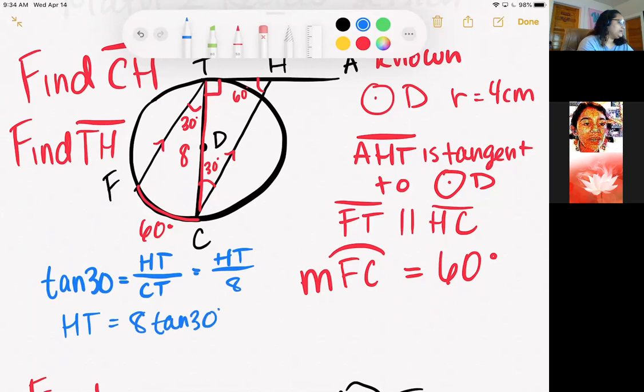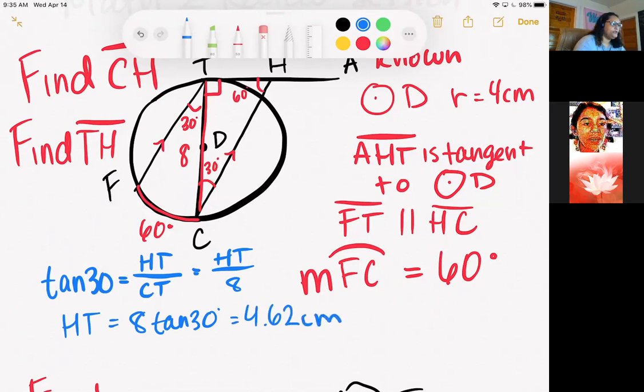So if we do that in our calculator, let me make sure I'm in degrees. 8 tangent of 30. I got about 4.618. 4.62, and we're in centimeters.